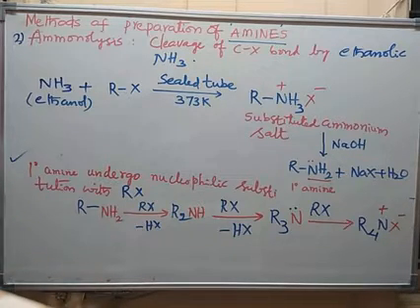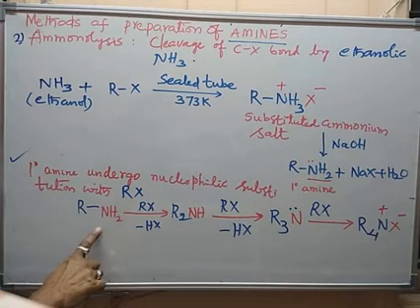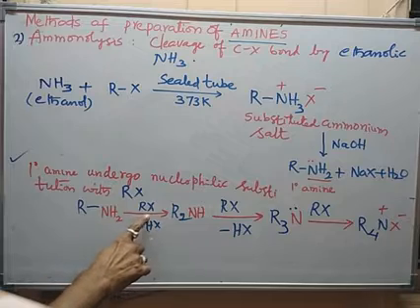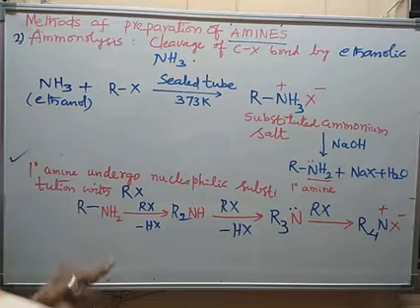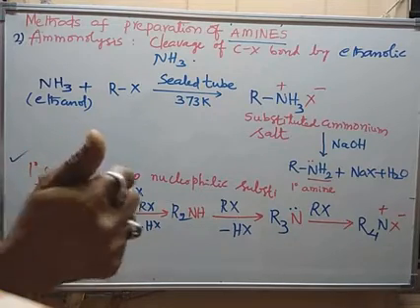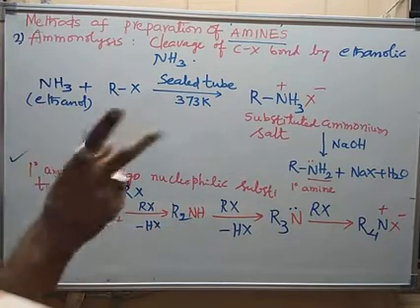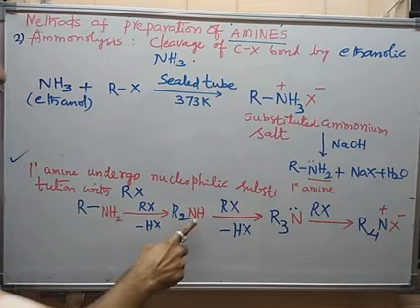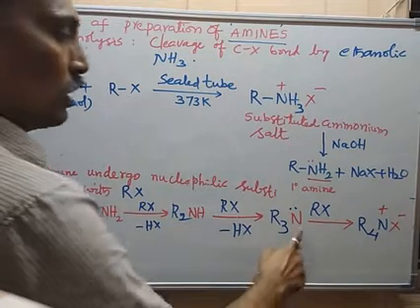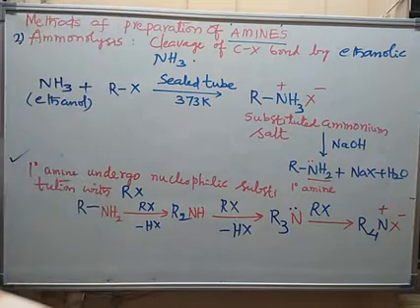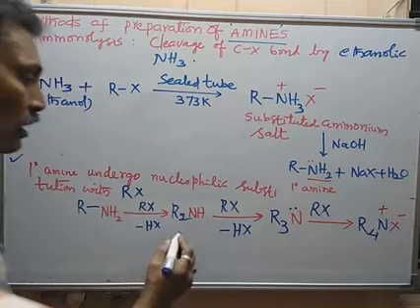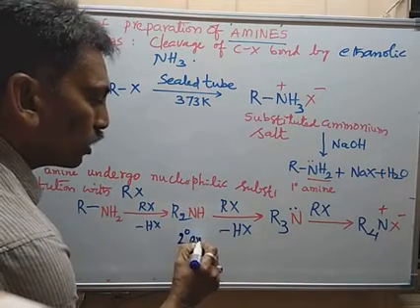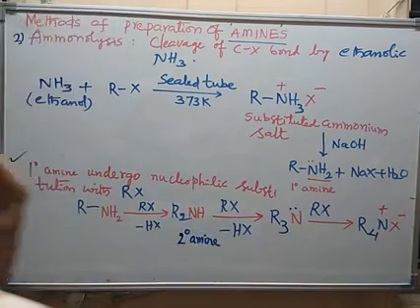Now a small story regarding this reaction. Primary amine, RNH2, with alkyl halide forms R2NH, secondary amine. Types of amines are based on how many alkyl groups are attached to the N atom: one alkyl group, two alkyl groups, three alkyl groups. This is primary amine, this is secondary amine, just write 2 degree.